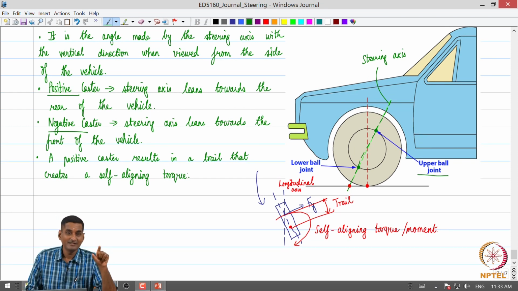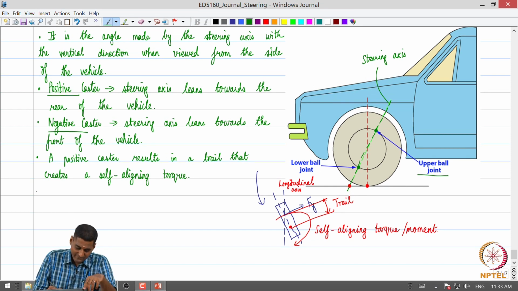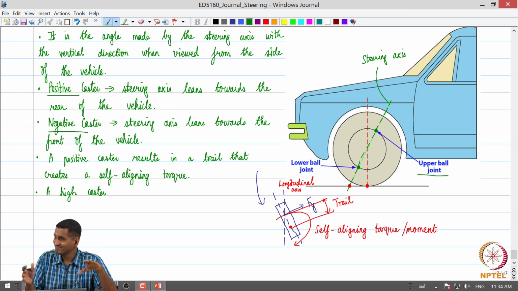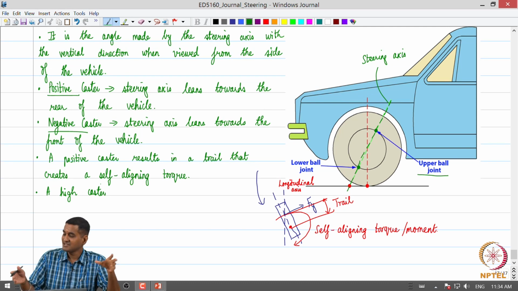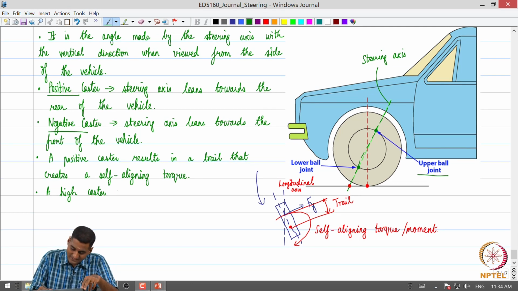A high caster results in better straight line performance, because with any perturbation the steered wheel is not going to turn that much, because of this higher trail. So, a high caster improves straight line performance, which is good. Why does it improve straight line performance?